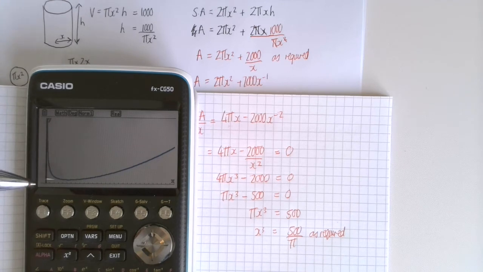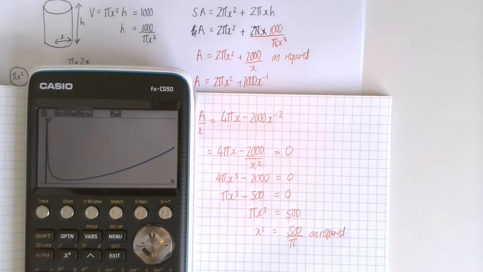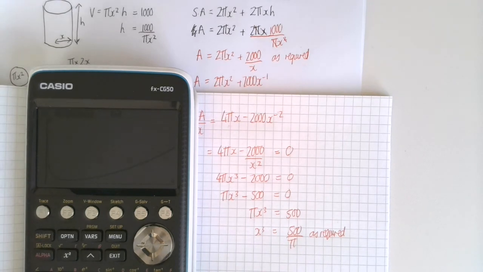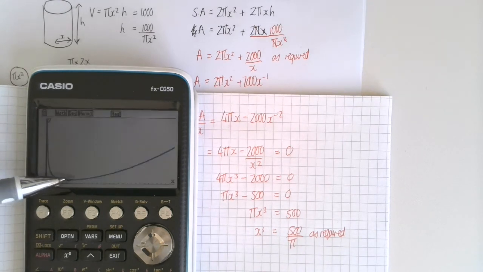Now, why is this relevant? Well, if you are the manufacturer trying to make your cylinder, which has a volume of 1,000, which seems to me to be almost certainly something that would hold a litre, 1,000 centimetre cubes holds 1,000 millilitres, then why are you interested in a minimum surface area? Well, it's because that is your optimum solution, isn't it?